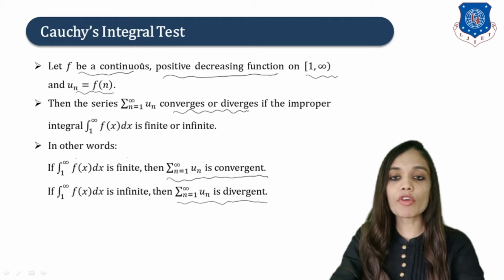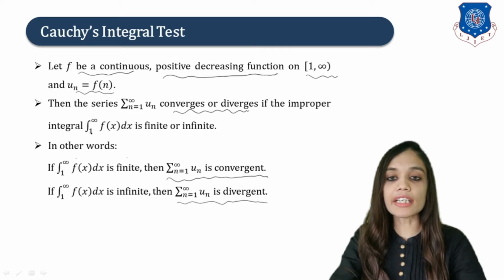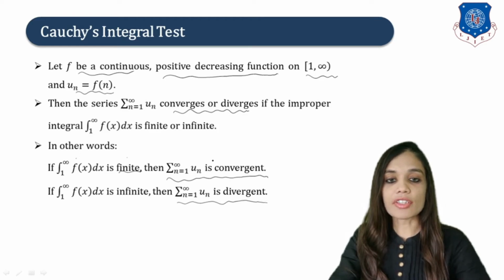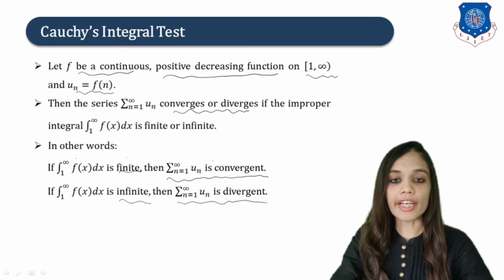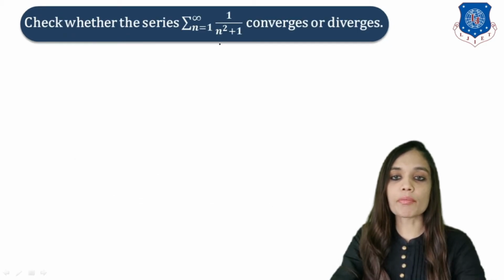So in this type of examples, whenever we have functions such as tan inverse, sine inverse, etc., firstly we will find integration 1 to infinity f of x dx. If the integral is finite, then our series is convergent, and if it is infinite, then the series is divergent, right? So let us solve a few examples.